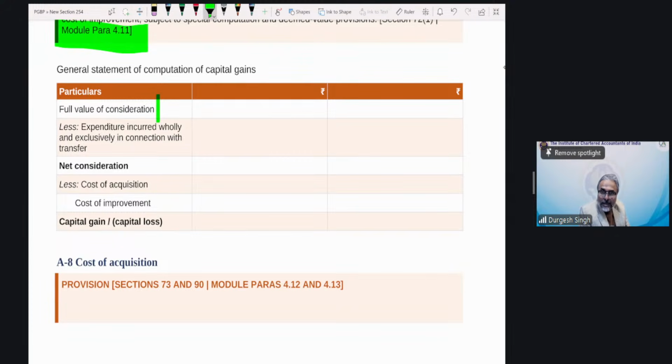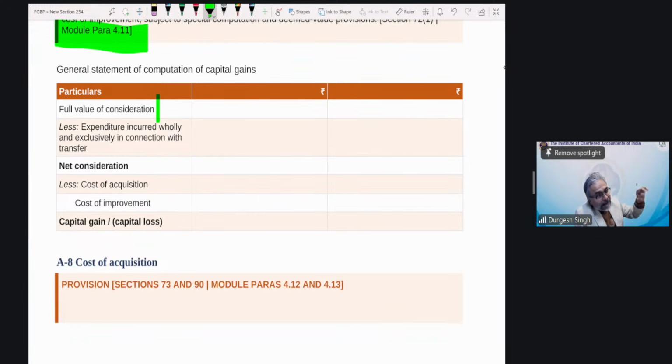What about the head PGBP and the head IFOS? Do we have a format like this? The answer is no. There in the head PGBP, if you can recall, the mandate is to start with the accounting income, income as per the commercial accounting principle, and that mandate is given under section 276, if I'm not wrong, of the Income Tax Act 2025.